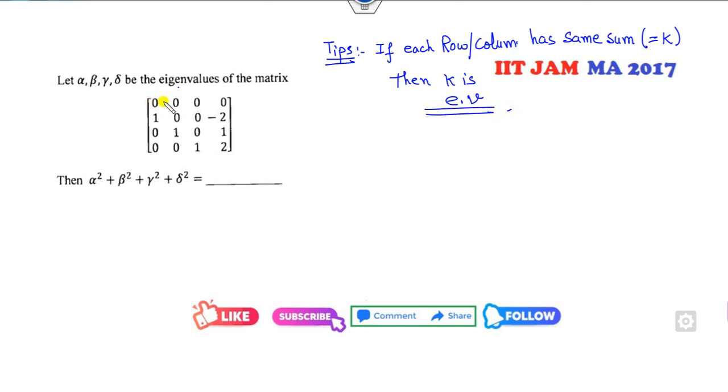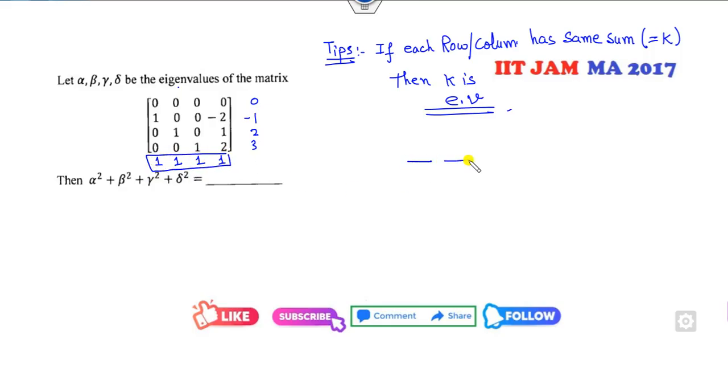For example, the row sums are 0, minus 1, 2, 3, so it's not the same. If you look column-wise, it's 1, 1, 1, 1. Now you can see the sum is the same.